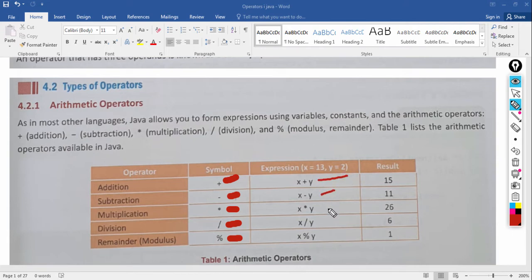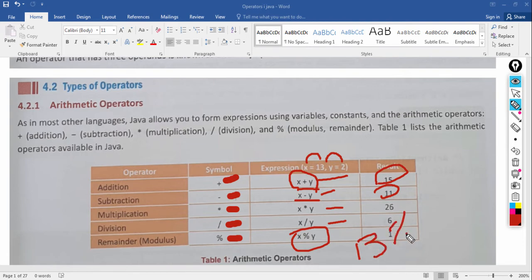If I write x plus y, and let's assume that x is 13 and y is 2, then 13 plus 2 will be 15. Similarly, 13 minus 2 will be 11. Let's look at 13 modulus 2.